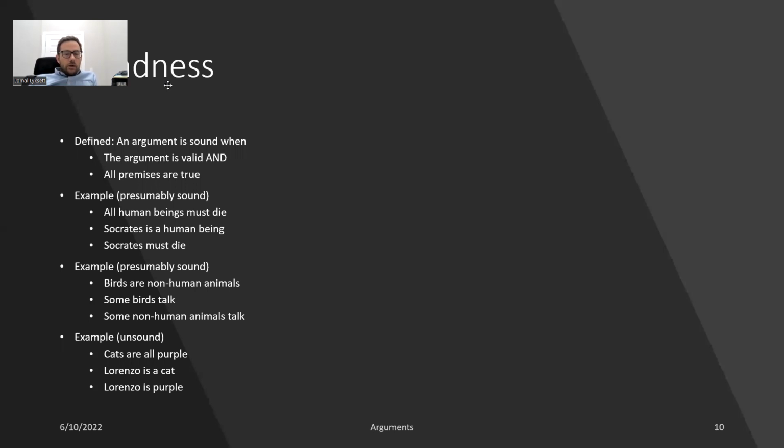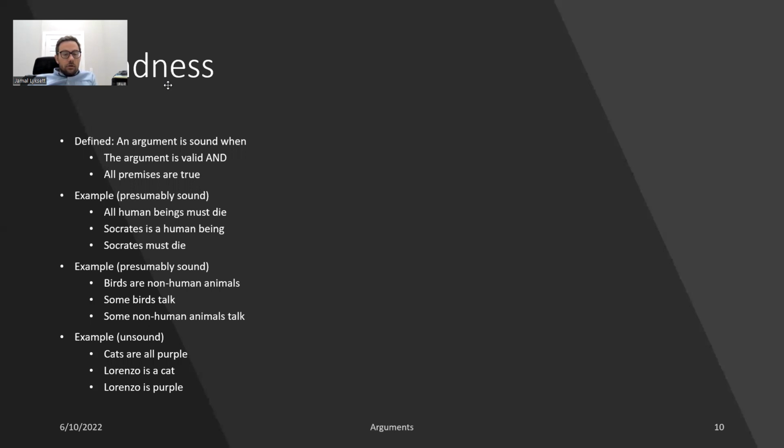And Socrates is a human being, right? We can probably agree to that. Therefore, Socrates must die, or Socrates is mortal. So if we assume those premises are true, we have a sound argument because it's both valid, the conclusion follows from the premises, and the premises are true.